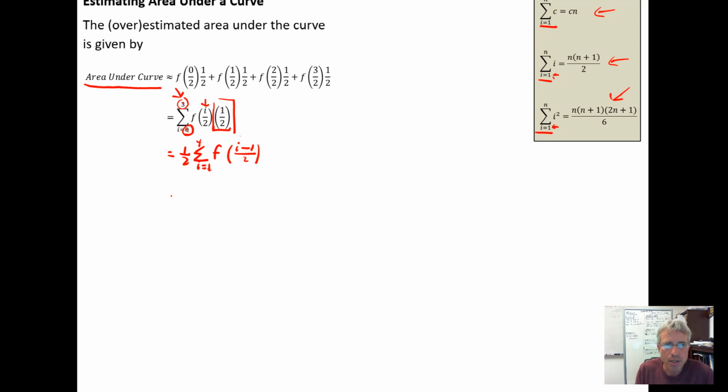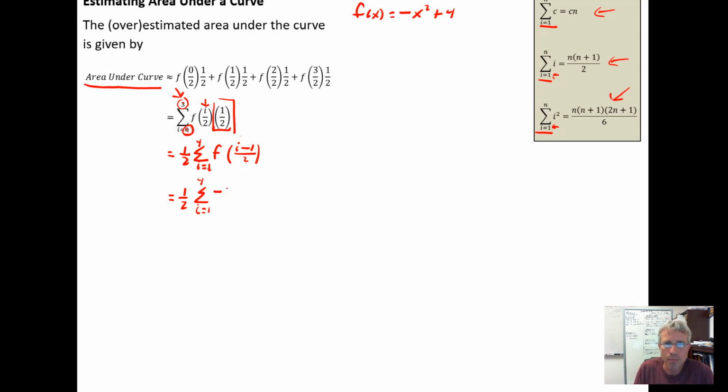And then what we saw in the previous homework assignment was that we could rewrite the summation. This is 1/2 the sum from i equals 1 to 4. We can put the i minus 1 over 2 into the function. And remember from the previous slide, the function we were working with was negative x squared plus 4. So everywhere we see an x in the function, we'll replace the x with i minus 1 over 2.